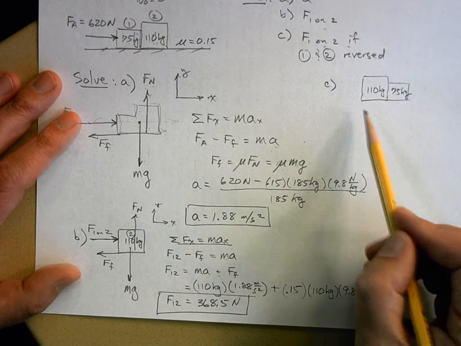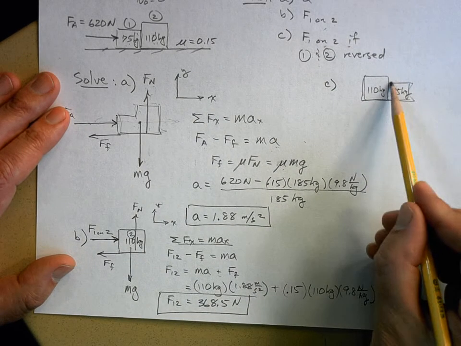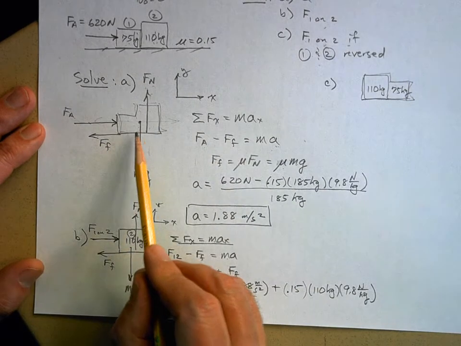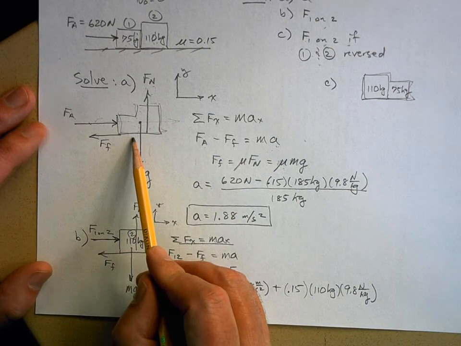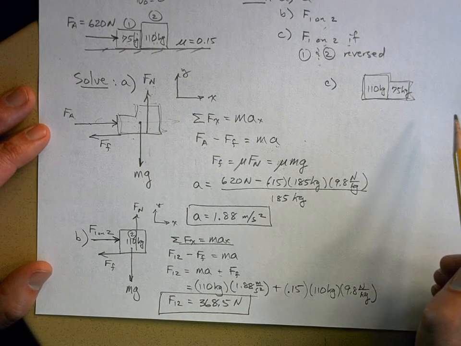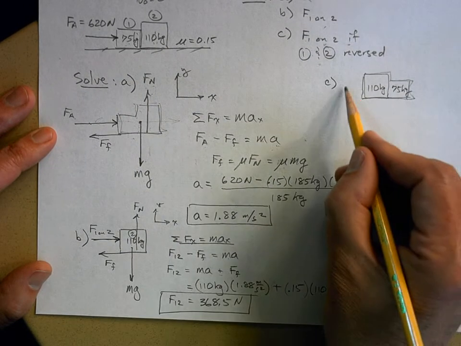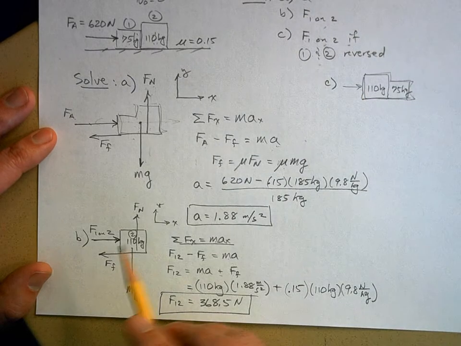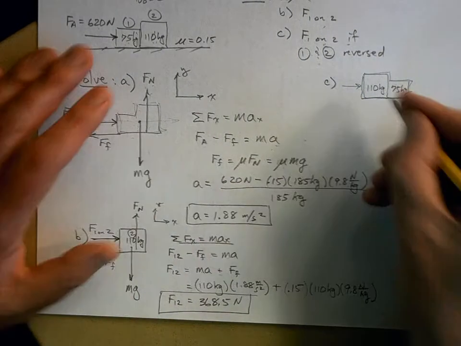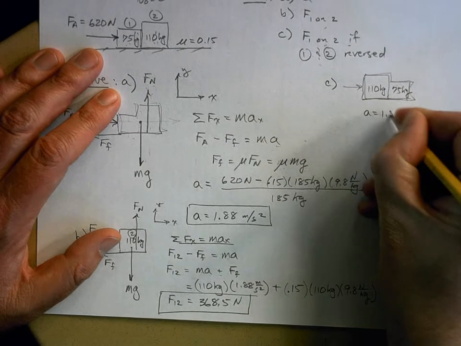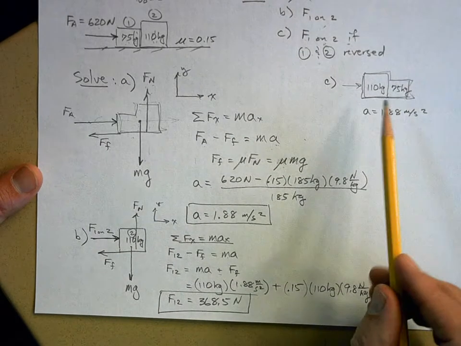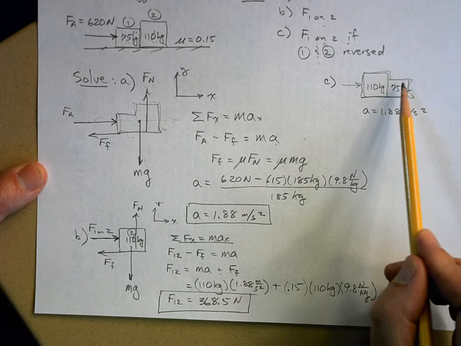Now if I think about this, if I combine this, this is really no different than this over here, in that I have to accelerate the same amount of mass. So with the same applied force, that 620 Newton applied force, so the same amount of friction, everything's the same. So I'm going to have the same acceleration. But now I want to know, with what force does 2 push on 1?